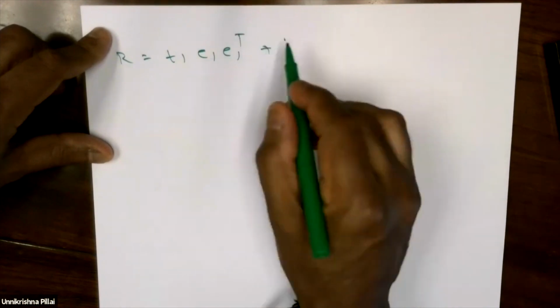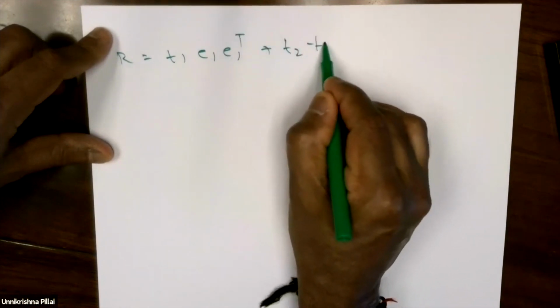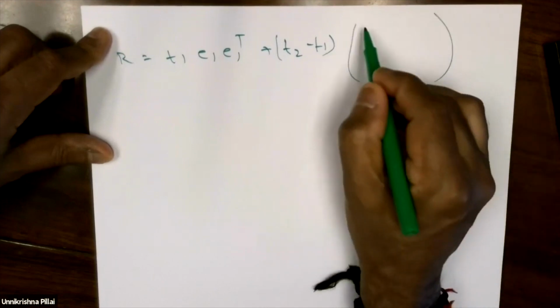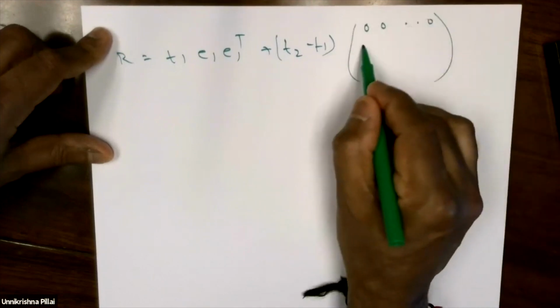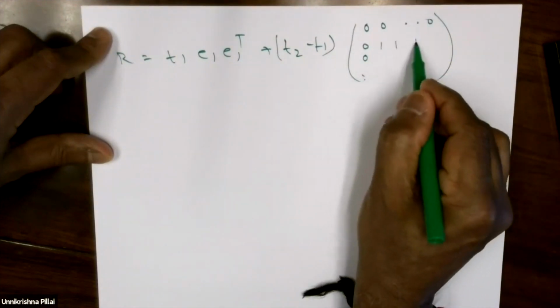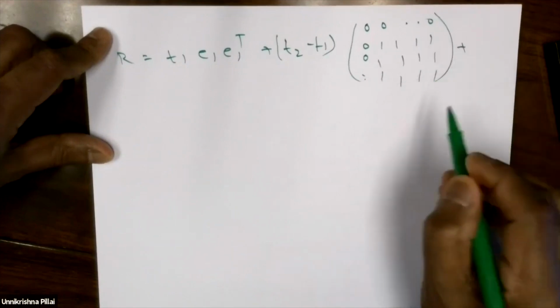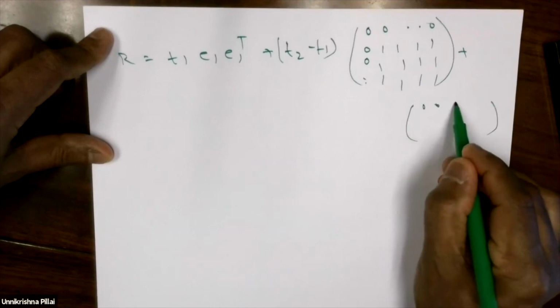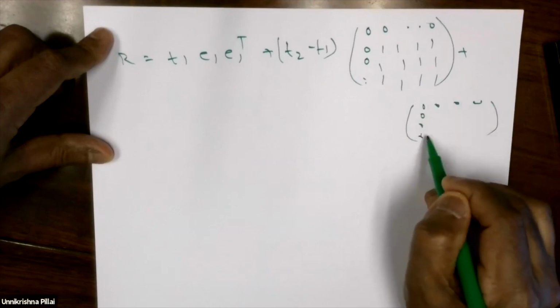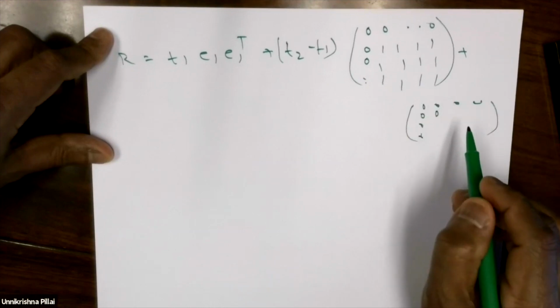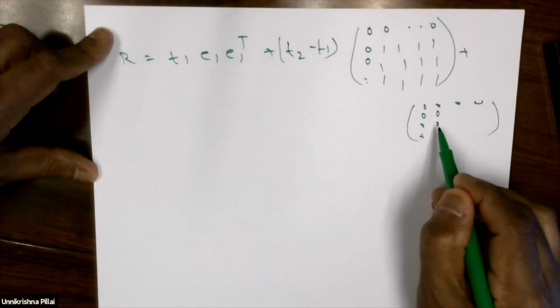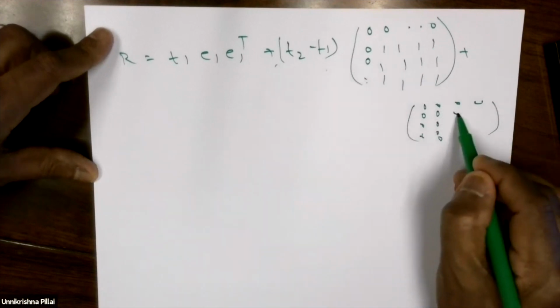Then I have T2 minus T1. If I pull it outside, that matrix will look like this: all zeros before, then all 1s. And then there is a third matrix which will be all zeros in the first row, all zeros in the second row, because I pulled out T2 minus T1.